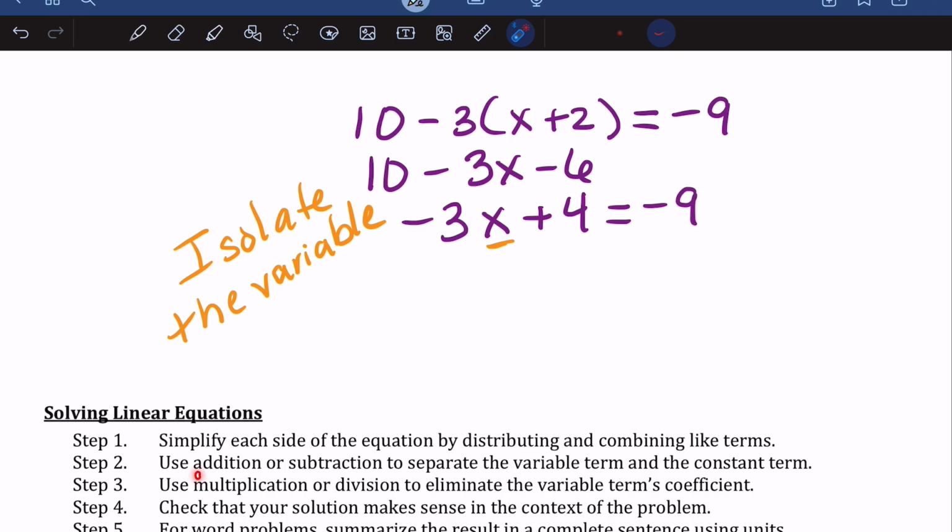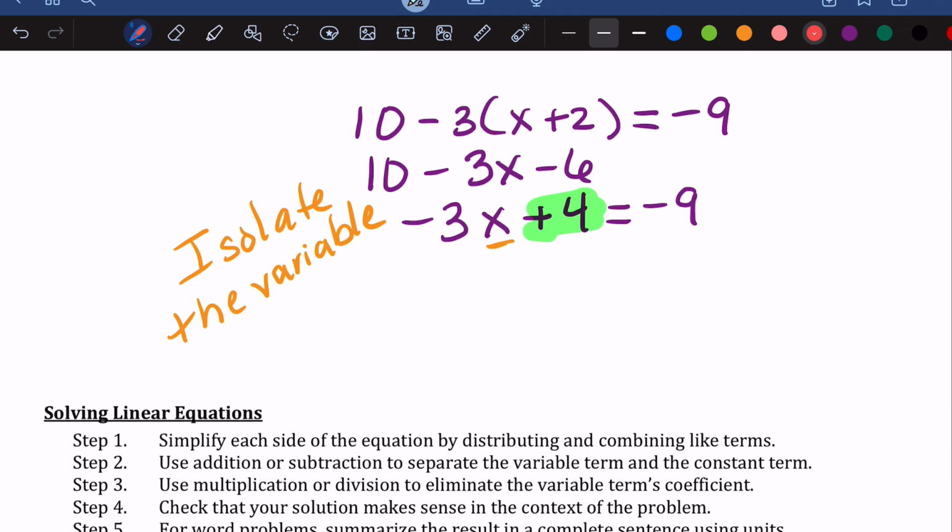So we're going to use, as mentioned, addition or subtraction to move that constant term. In our case, our constant term is the 4, and we need to use our inverse operations, inverse meaning opposites, to move it to the other side.